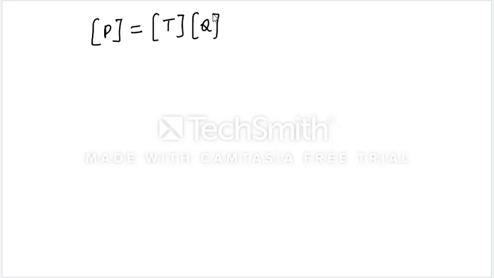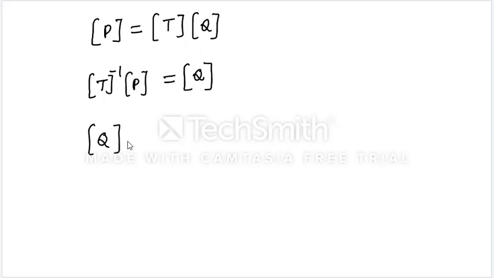Now if I do the T inverse on both sides, then T inverse into P matrix is equal to the Q matrix. So the Q matrix is equal to T inverse into the P matrix.